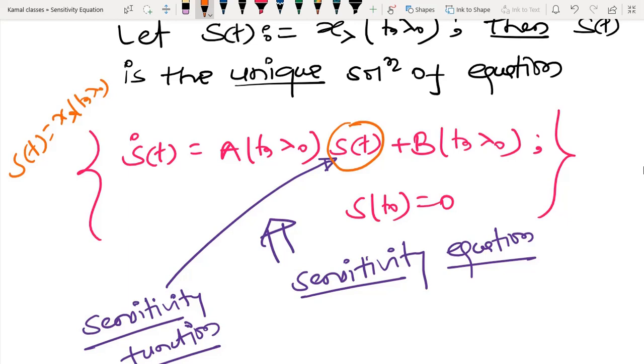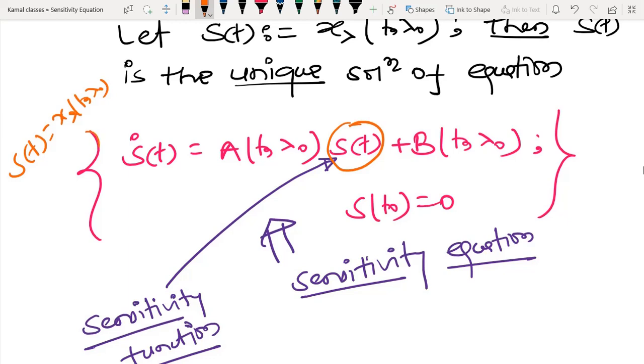Similar things I am saying here. So this function s(t) is called the sensitivity function, and the whole equation is called the sensitivity equation. Does anyone have confusion? Then please let me know.